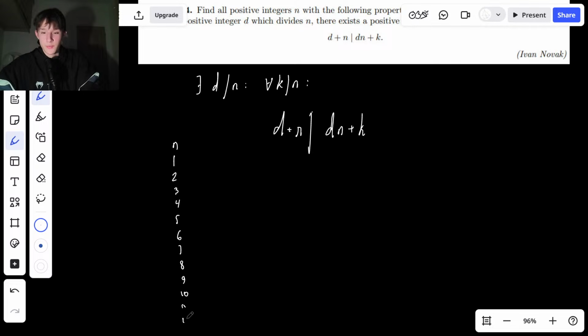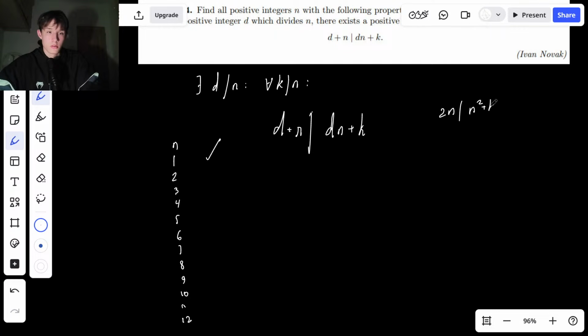Okay. So for n equals 1, d is 1, 1 plus 1, yeah, checks out. For 2, 1 plus 2, well, we showed that 1 always works, right? So let's start with d equals n, for example. 2n divides n squared plus k.